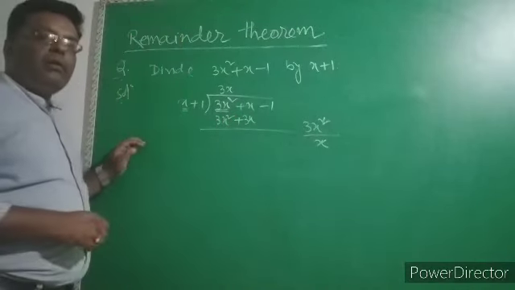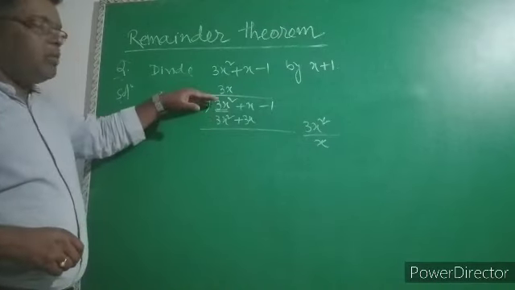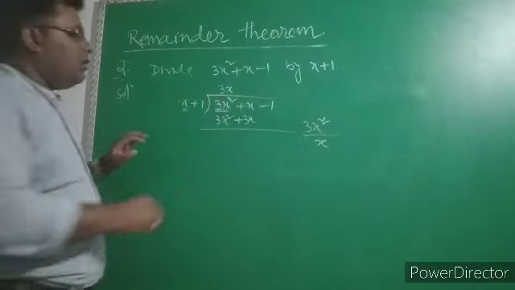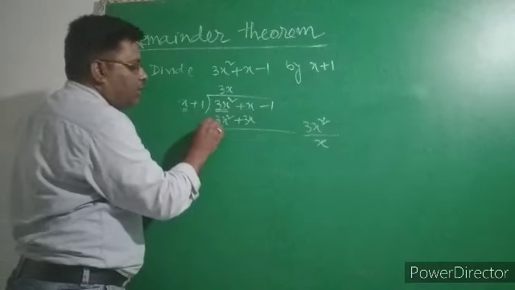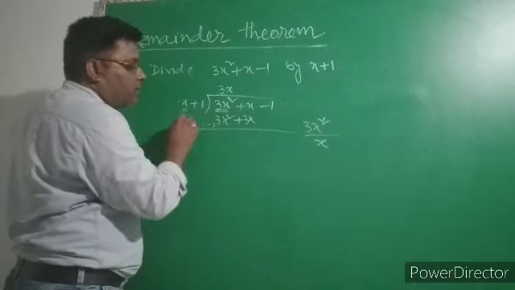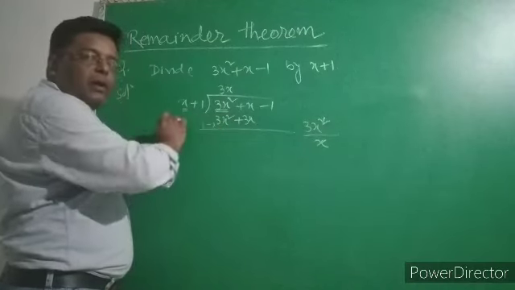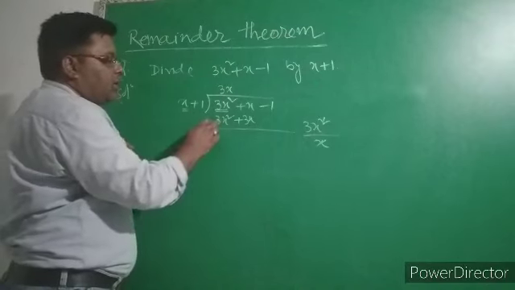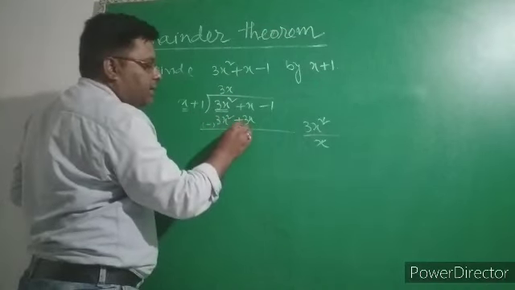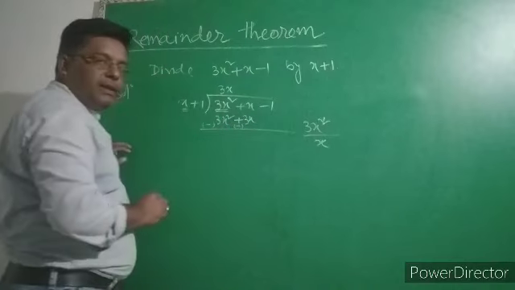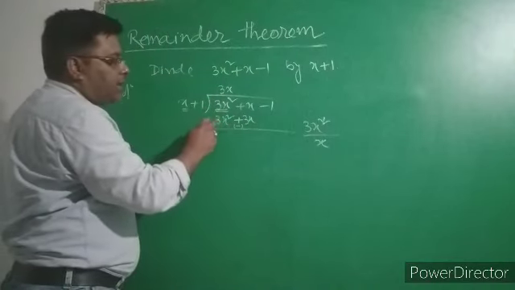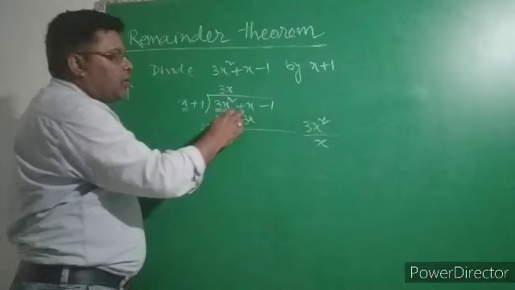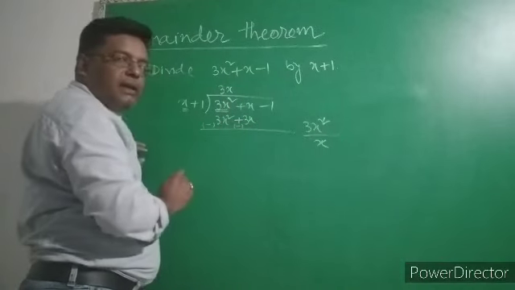Now we have to subtract this from here. When you subtract, the signs will change. When you write the minus sign, all the signs will change. So 3x square becomes minus 3x square and plus 3x becomes minus 3x. Now 3x square minus 3x square is 0. So plus x minus 3x.